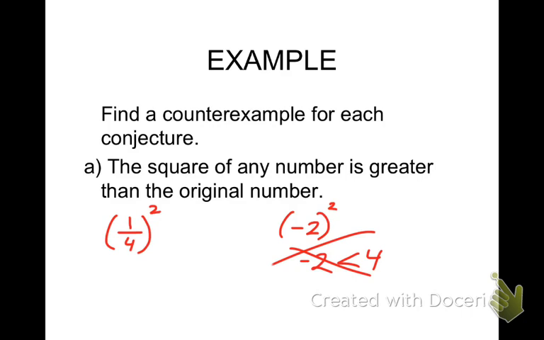What's 1/4 times 1/4? Remember, you multiply straight across the top, straight across the bottom. So it'd be 1/16, right? Is 1/16 larger than the original number? No, it's actually smaller. So there's going to be a counterexample.